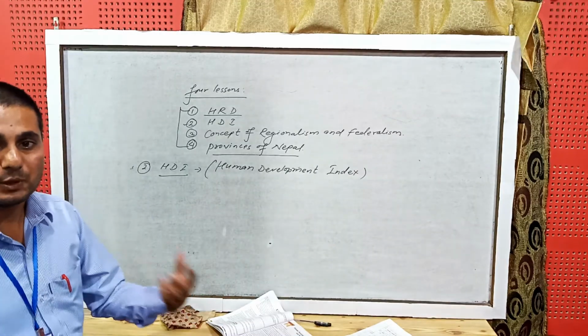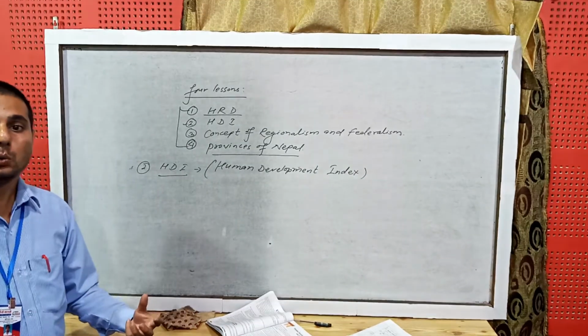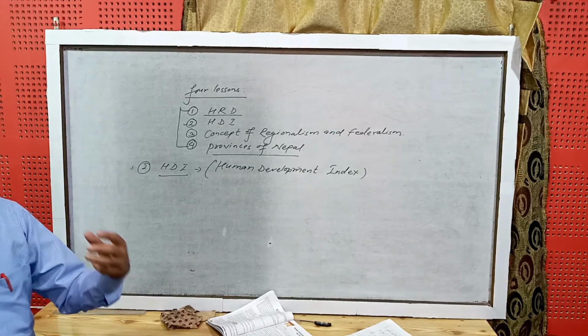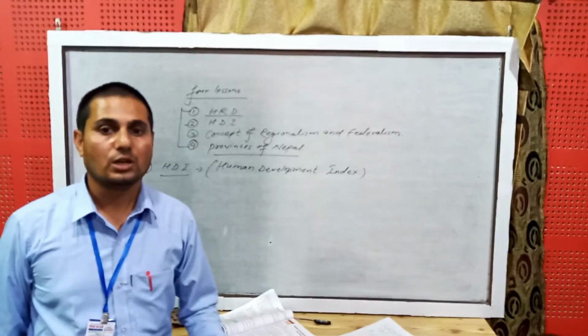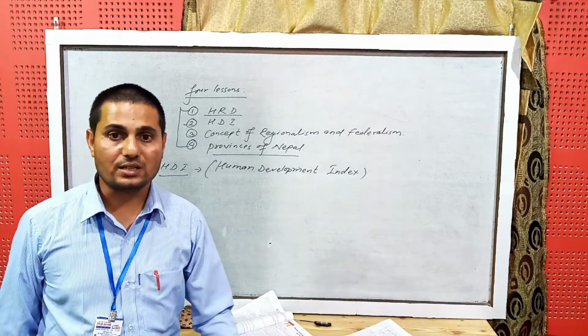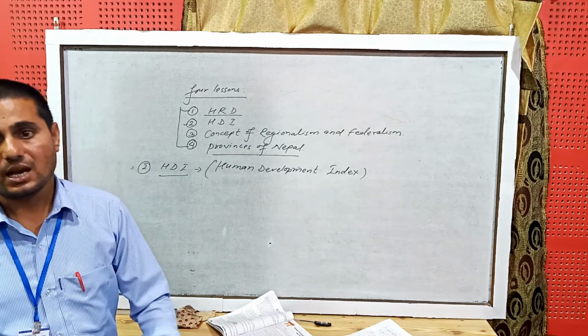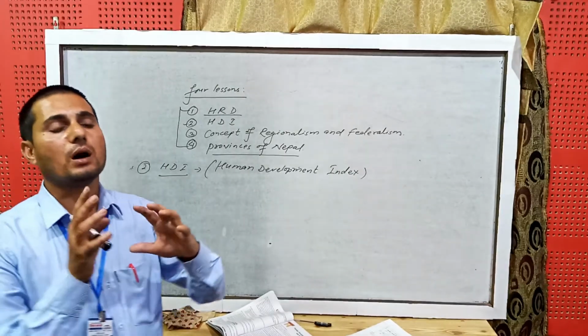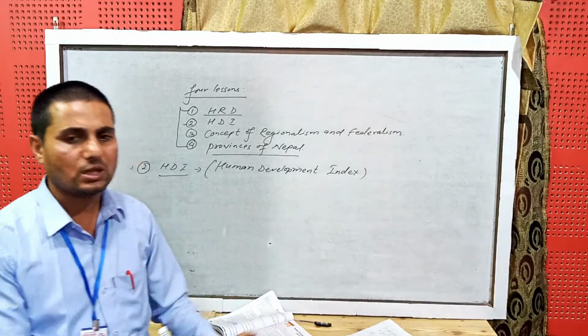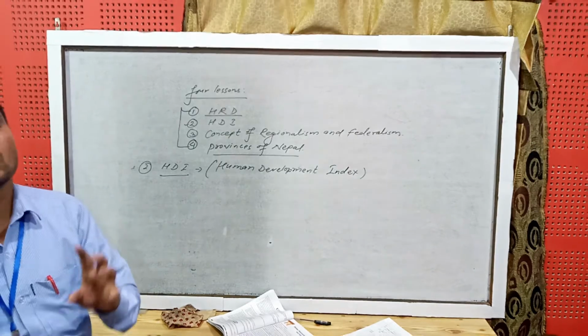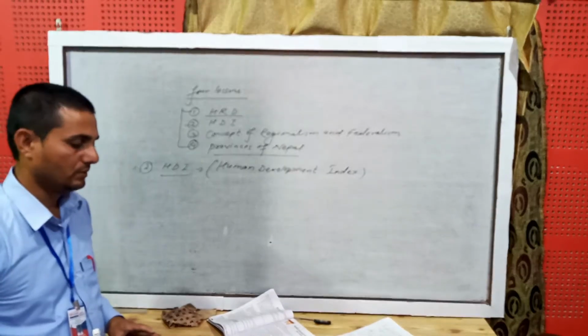Dear students, let me repeat once more. The way of measuring three socio-economic aspects, that is literacy rate, life expectancy, and per capita income of a certain country or certain place, is called the HDI.